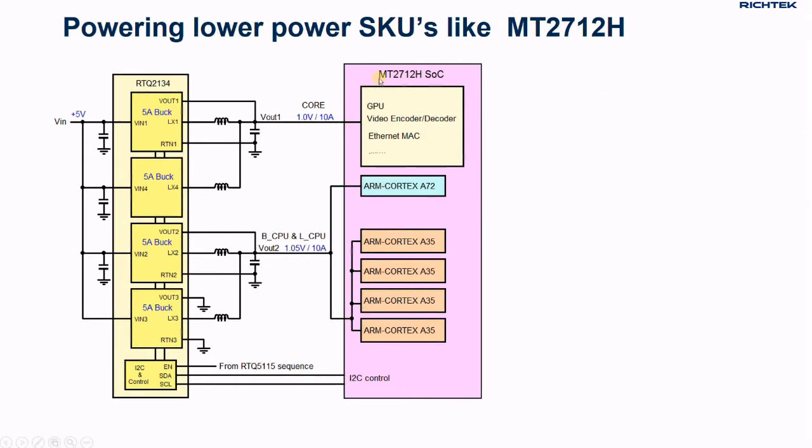Lower power SoC versions like the MT2712H can be powered by a single RTQ2134 PMIC. In this case, the 2+2 phase version is used to power the core and the BCPU LCPU rails. The SoC controls the buck converter via the I2C bus.